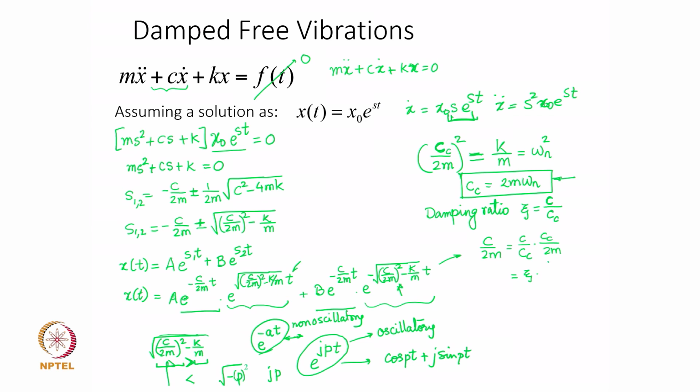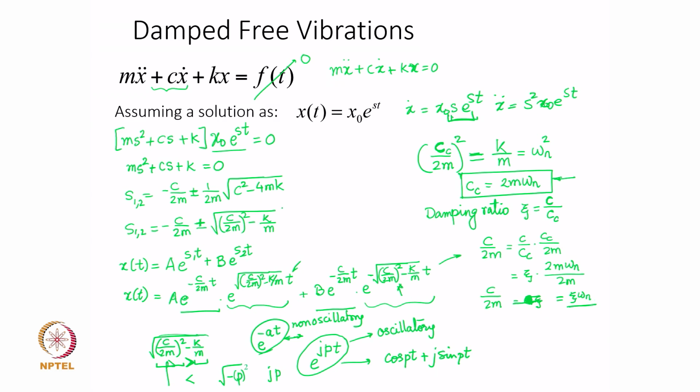Cc is already shown as equal to 2 m omega n, and therefore, this is equal to zeta into omega n. So, C over 2m takes the value zeta omega n.